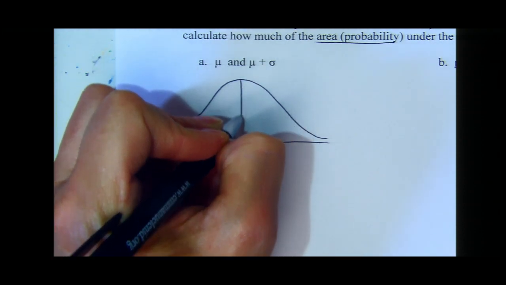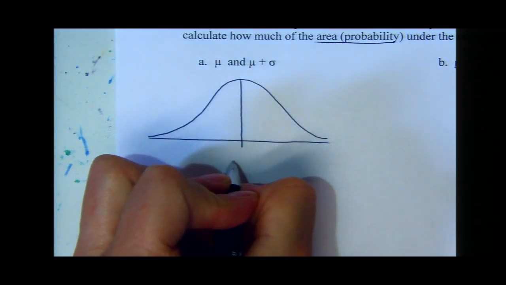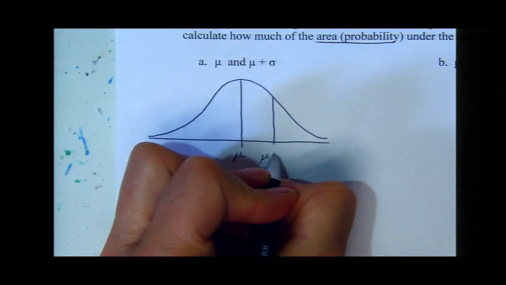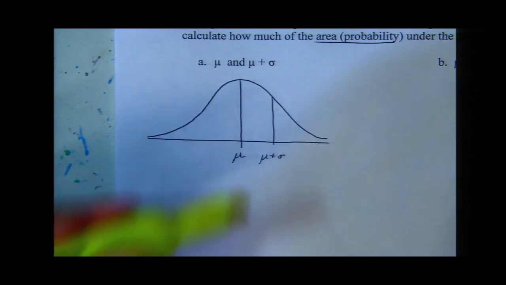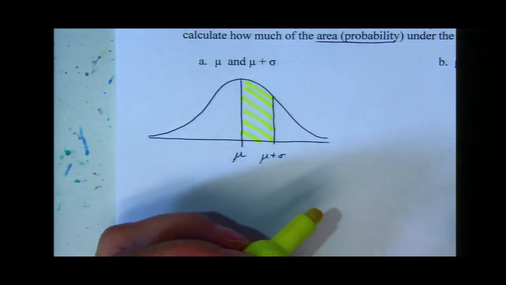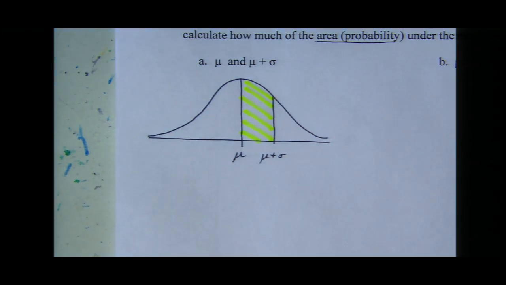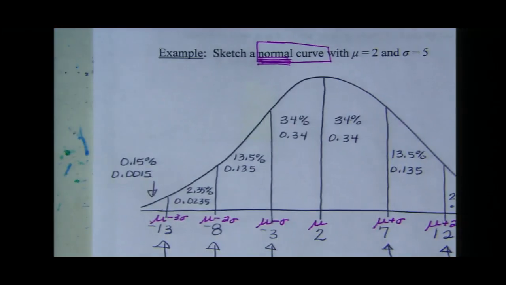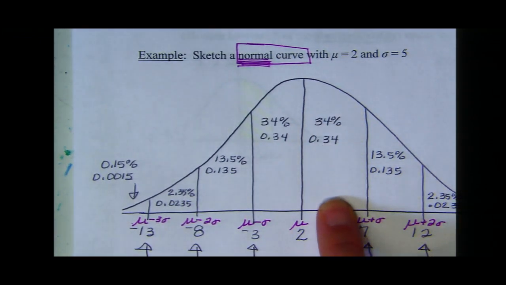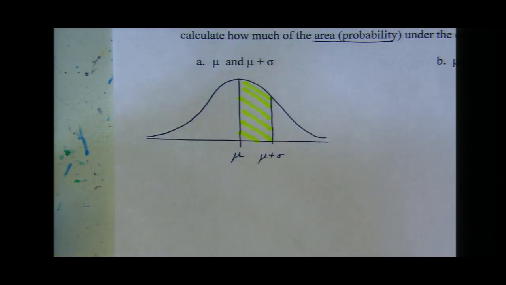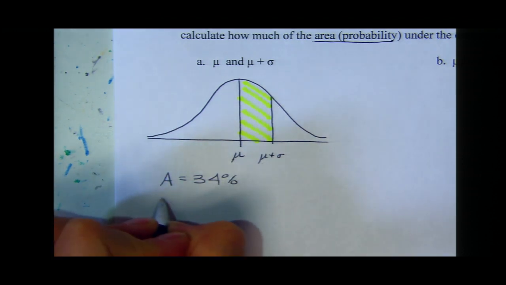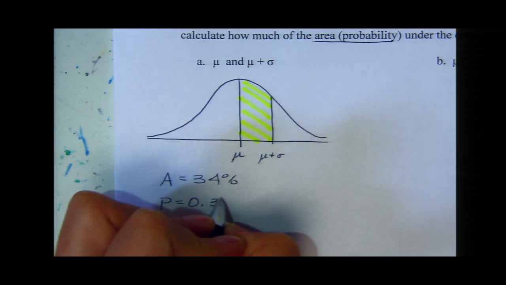I know mu is right in the middle, and I'm going to go to 1 standard deviation. I am going to shade, and it wants to know how much of the area is shaded. So I'm going to go back here between mu and 1 standard deviation, that is 34%. So area would equal 34%. If I gave my answer as a probability, it would be 0.34.